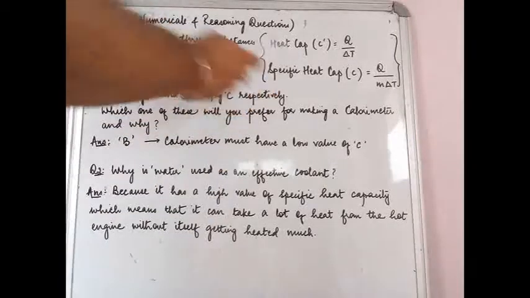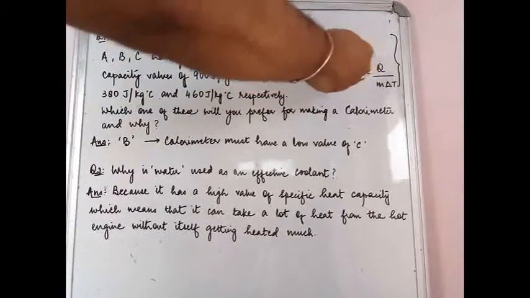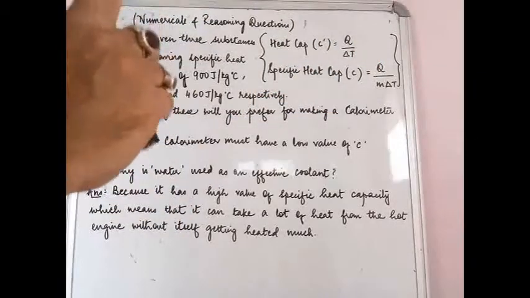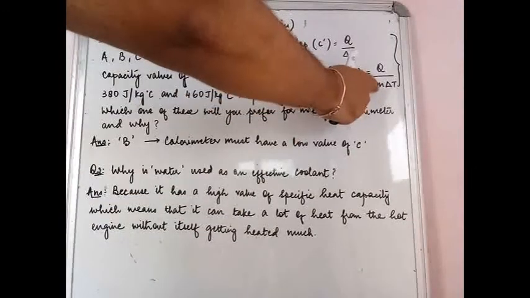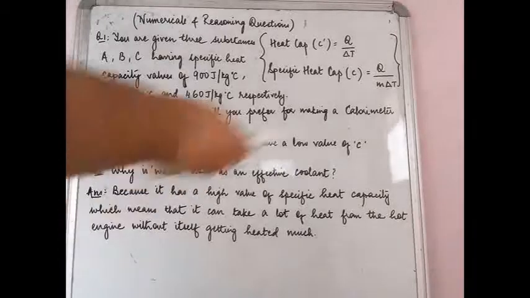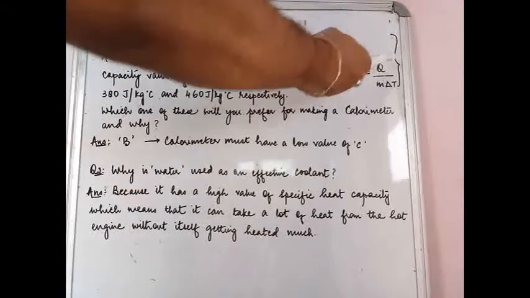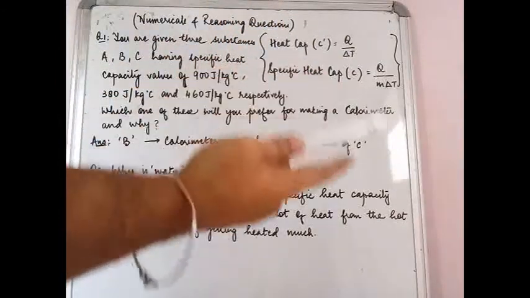Now coming to specific heat capacity, which has also been explained by ma'am. Specific heat capacity is the amount of heat energy required by unit mass of a substance. That is why we have put a term for the mass, small m, in the formula. So specific heat capacity is the amount of heat energy required to raise the temperature of unit mass of a substance by 1 Kelvin.